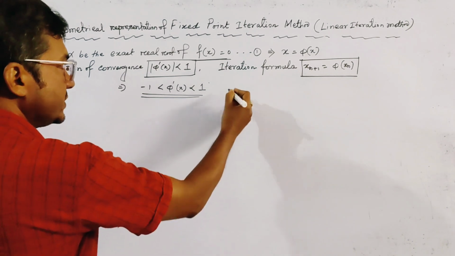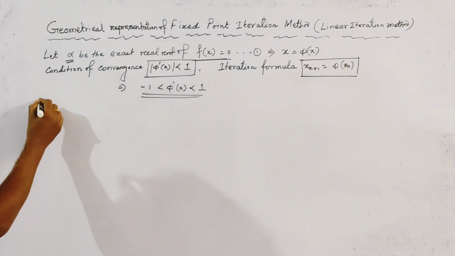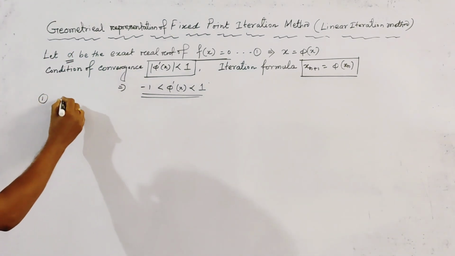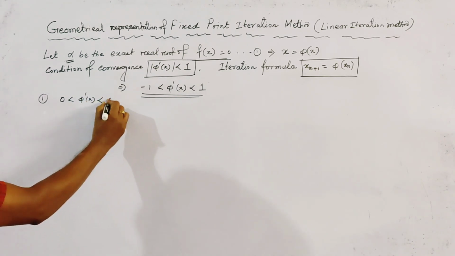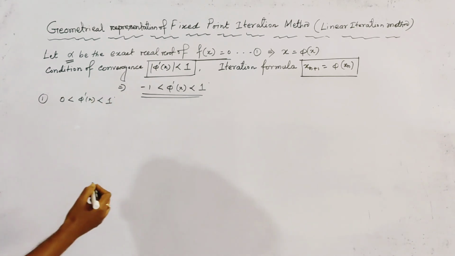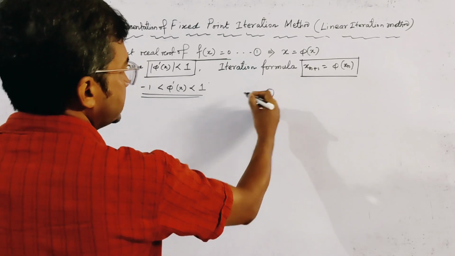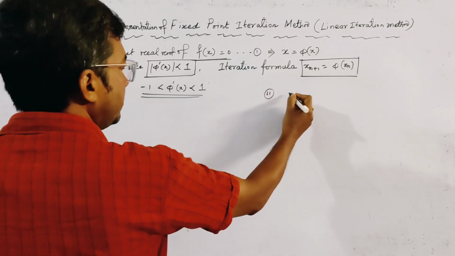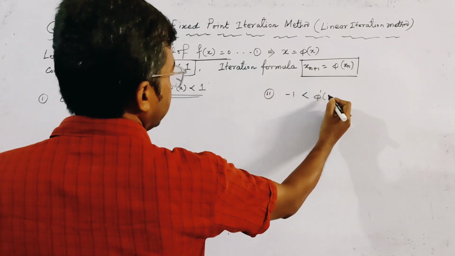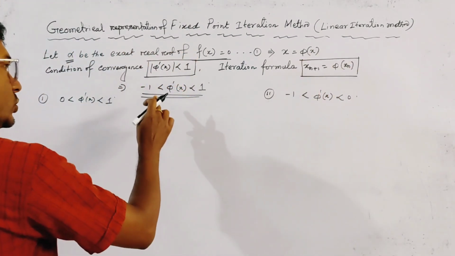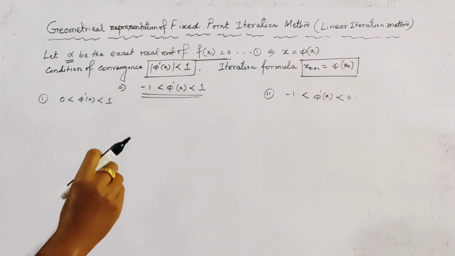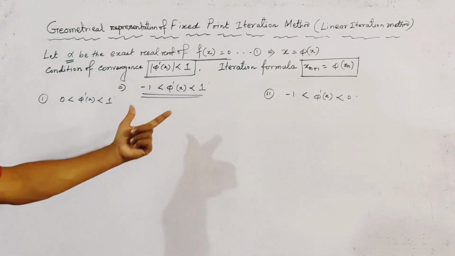The first condition is 0 < phi'(x) < 1. The second restriction, restriction number 2, is -1 < phi'(x) < 0. We also write the third and fourth conditions, out of this range.